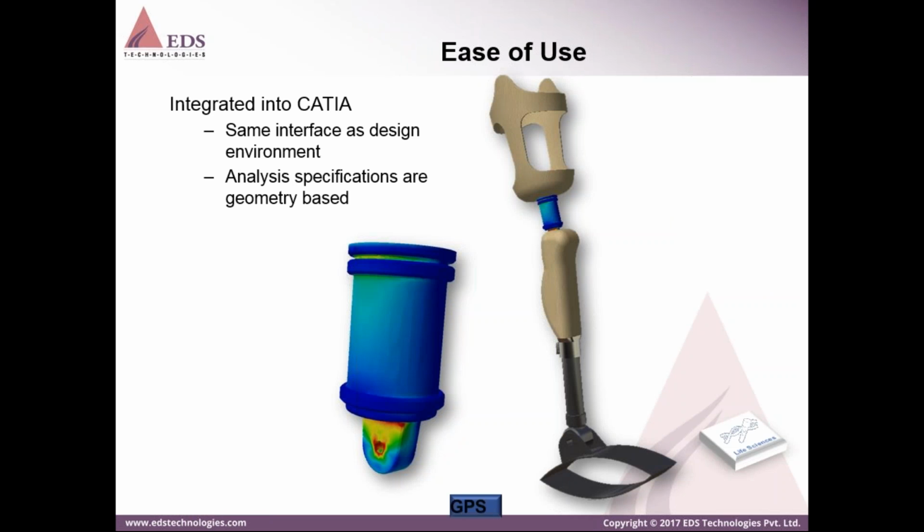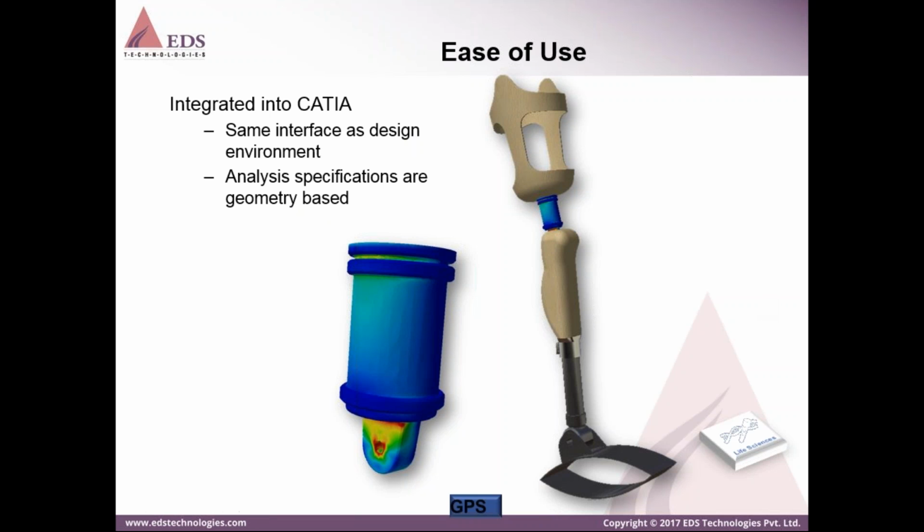The key important thing as far as CATIA analysis is concerned, as we have discussed, is that it is integrated into CATIA and it is very user friendly. In the same interface, we can apply the different features for analysis in the same environment. And the analysis specifications are geometry based.